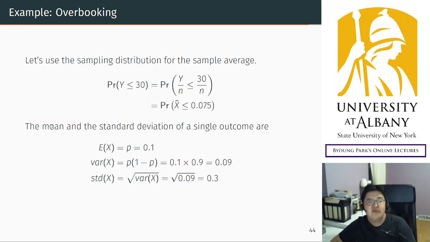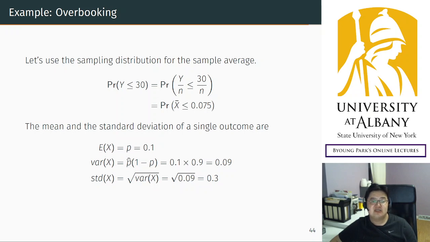Step number 1, the mean and the standard deviation of a single outcome. It's simple because single outcome means the result from one reservation. One reservation is one outcome, and it is either success or failure, cancellation or not. So it follows a binary distribution, which has a very simple form.